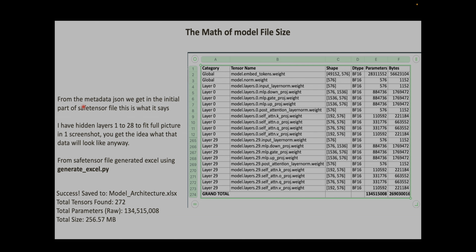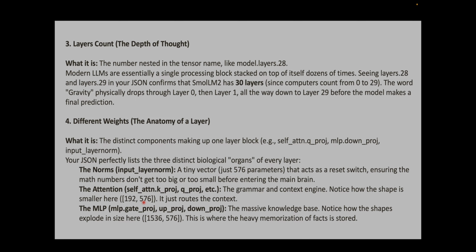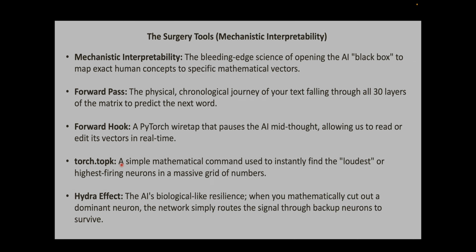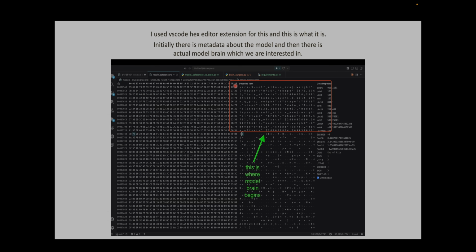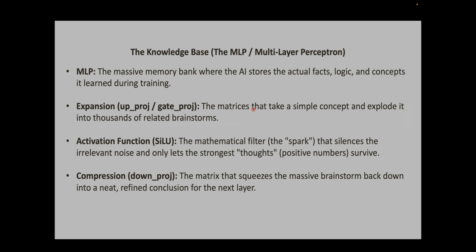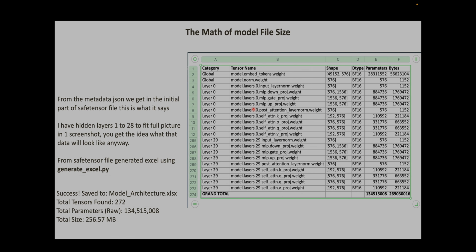MLP. So from the metadata JSON, all these things that you see in your JSON, it is the same JSON that we saw earlier when we opened the safetensors file in hex. So this is that JSON I'm talking about, right? All right. So from the metadata JSON, we get this in the initial part of the safetensors file.